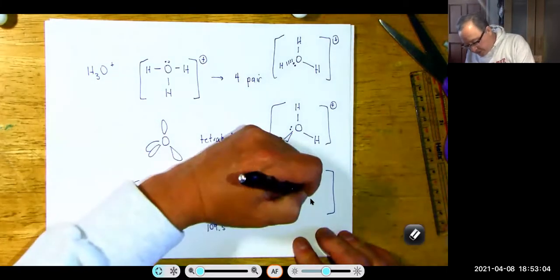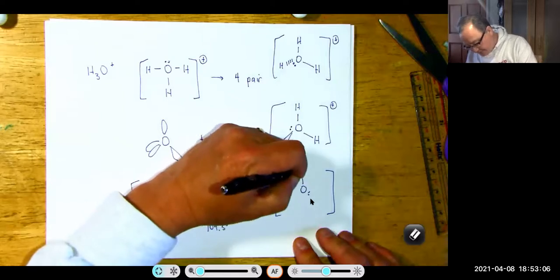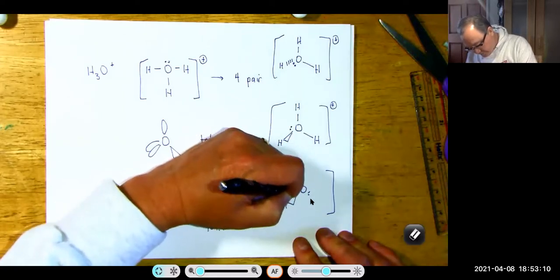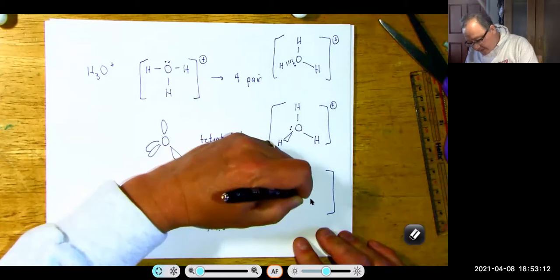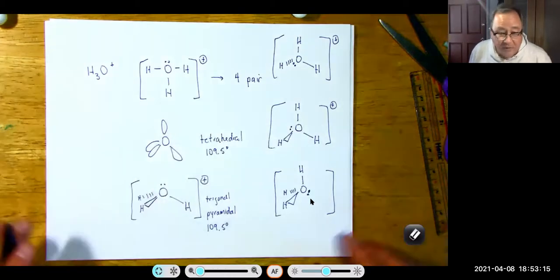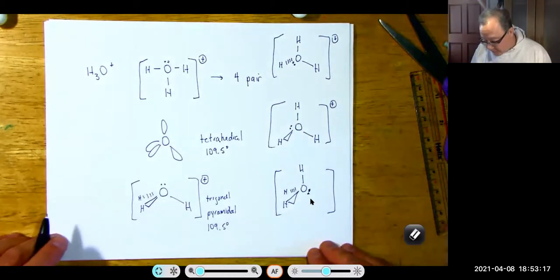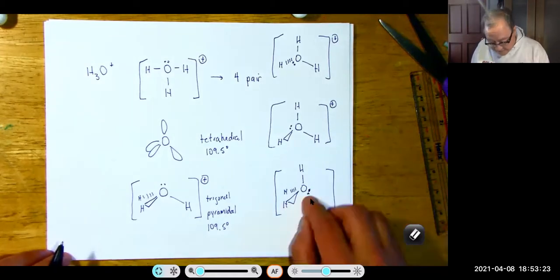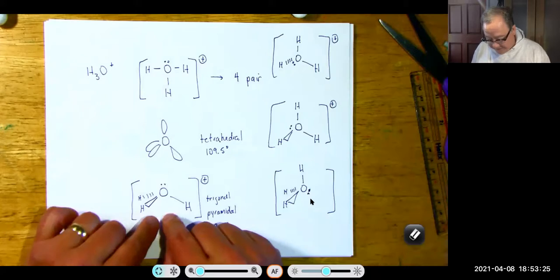And this one is actually not too bad. It doesn't look like a 3-legged stool with raisins on top, but what it does look like is a kicked over 3-legged stool, doesn't it? So this one's not bad, but I think this one is by far the best.